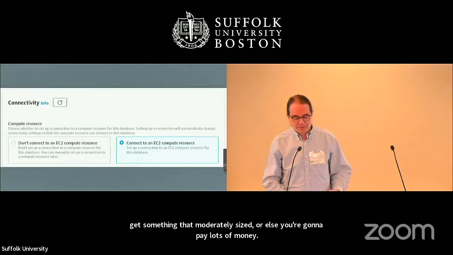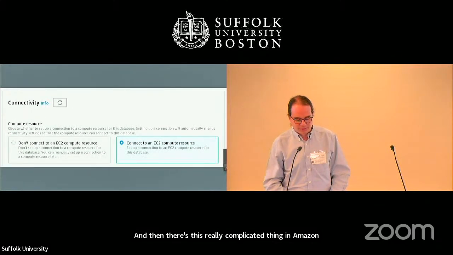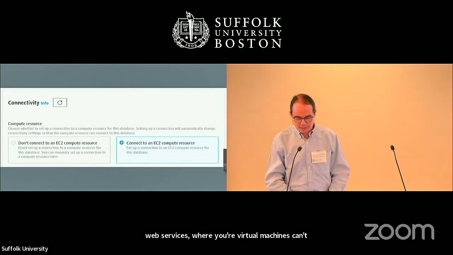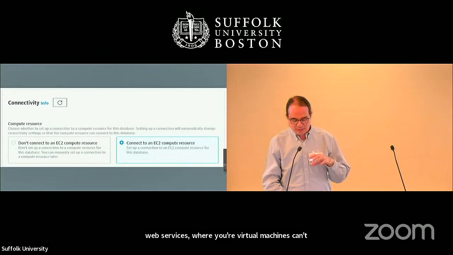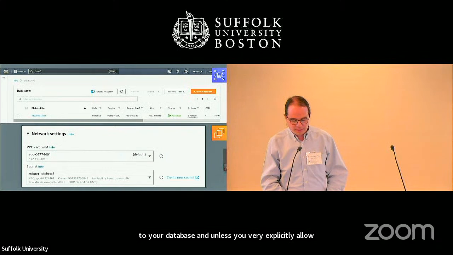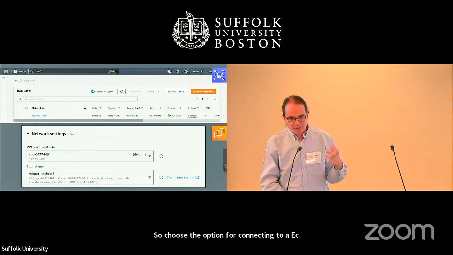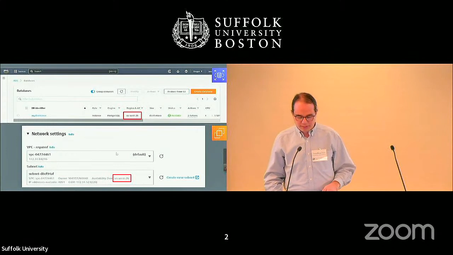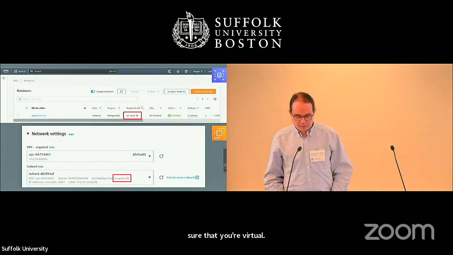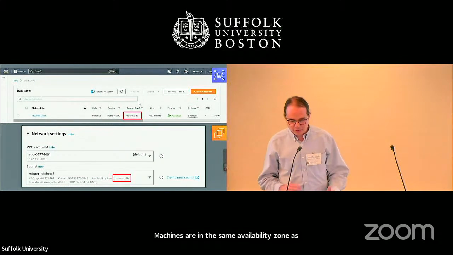And then there's this really complicated thing in Amazon Web Services where your virtual machines can't talk to your database unless you very explicitly allow them to talk to one another. So choose the option for connecting to an EC2 service. And another complication is you need to make sure that your virtual machines are in the same availability zone as your RDS database, or else they can't talk to each other.